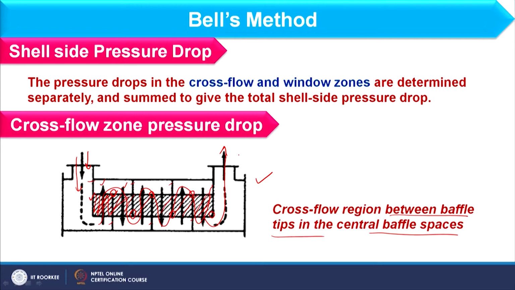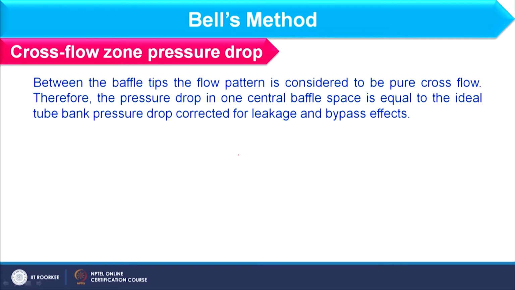Let us see how we should obtain the cross flow zone pressure drop. What should be the flow pattern in the cross flow zone? Between the baffle tips, the flow pattern is considered to be pure cross flow. Why is it cross flow? Because in the tubes the fluid is moving horizontally, and when the shell side fluid comes between two baffle tips, it moves perpendicular to the tubes, and therefore it is called cross flow.